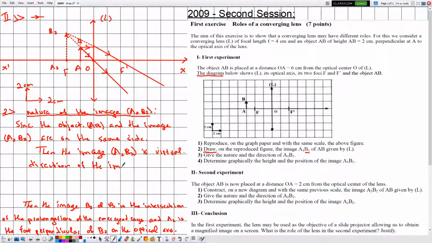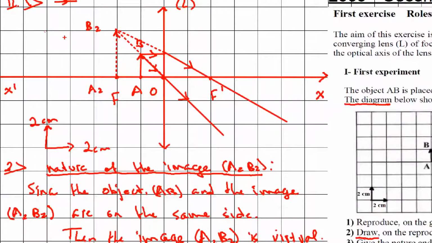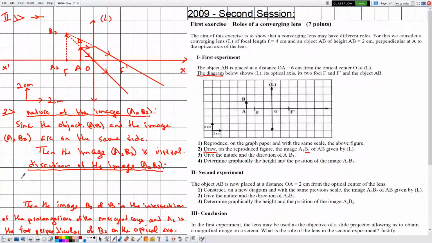And now the direction of the image A2B2, and by the direction we need to specify whether the image is erect or inverted. Notice that the object AB is pointing upward and the image A2B2 is also pointing upward, which means that the image and the object are in the same direction, which means it is erect.